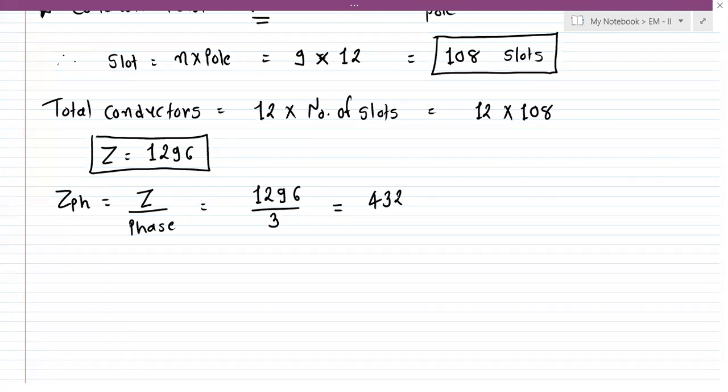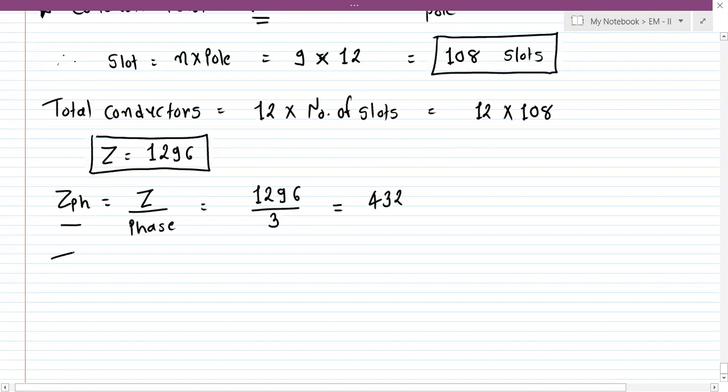So this is the number of conductors per phase we have. Now what do we have to find? We do not have to find ZPH; we have to find TPH. Can anyone tell me what the value of TPH, the turns per phase, should be?